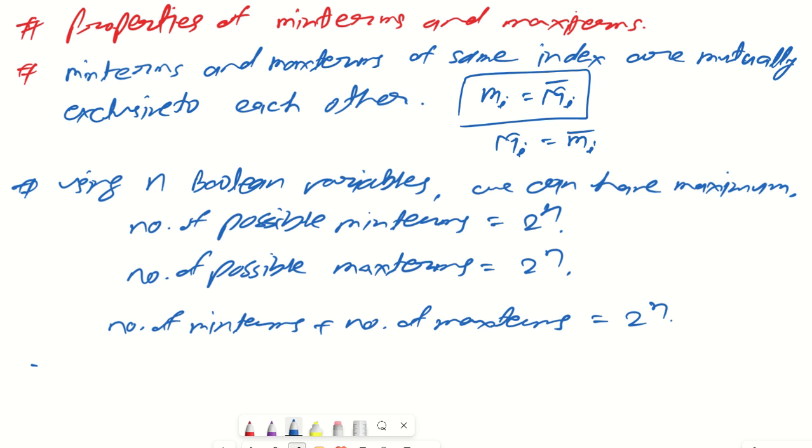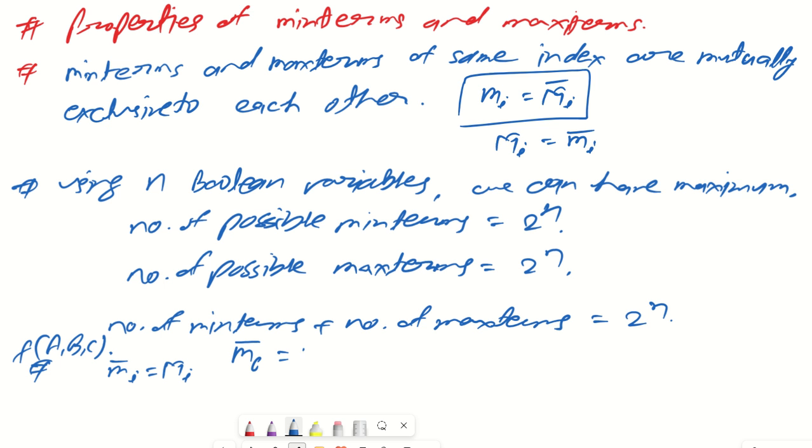Let us say I have a function of 3 Boolean variables A, B, C, and we are telling you that my mi bar is going to be equal to my max term Mi. Let's take an example, M6.